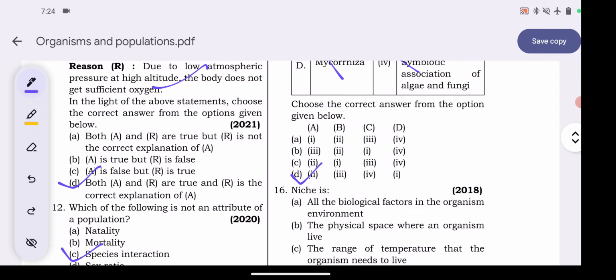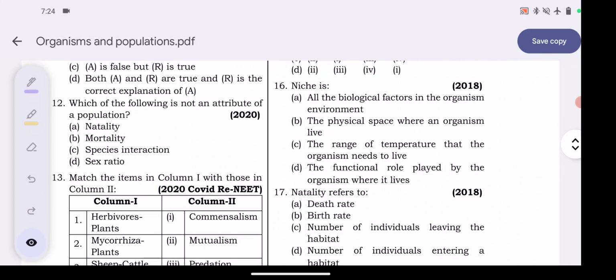Okay. Next, question number 16. What is a niche? All the biological factors in the organism's environment, the physical space where an organism lives, the range of temperature that the organism needs to live, the functional role played by the organism where it lives.